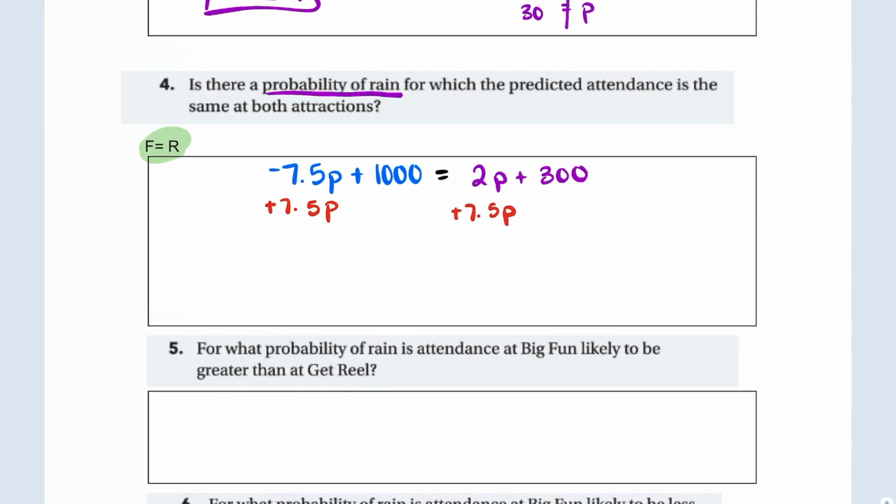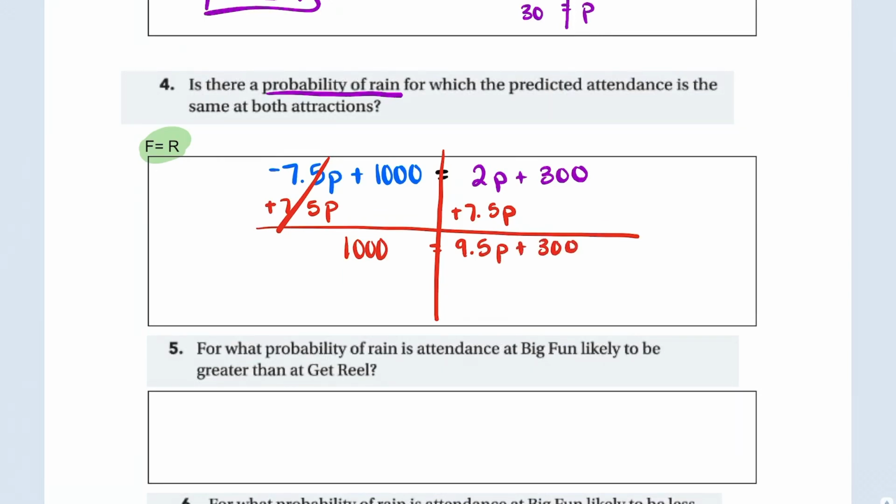And remember that we have to combine like terms, so I can only add this 7.5p to the term with a p on the right side. So these are going to cancel, and I'm left with 1,000 on the left side, and this is now 9.5p plus 300. Now continuing here, I'm isolating my variable. I'm going to subtract 300 from both sides. And then I get 700 is equal to 9.5p.